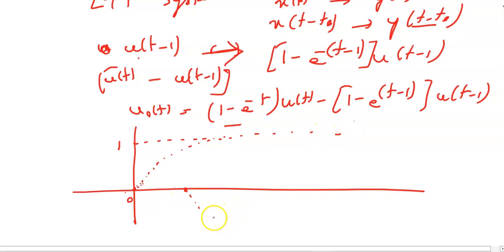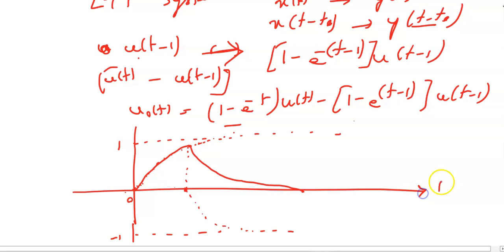If we allow this, it will reach minus 1. So this portion is the critical one. Ultimately the response will be this: when it is increasing, it starts decreasing. So this will be the response, that is your V0(t). When we apply a square pulse, or rectangular pulse, the form will be an approximated triangular.